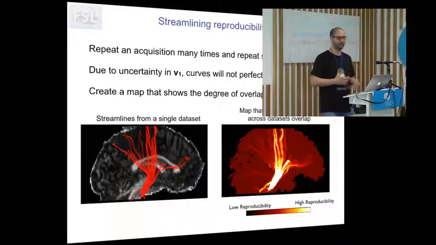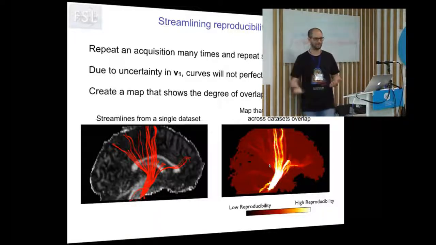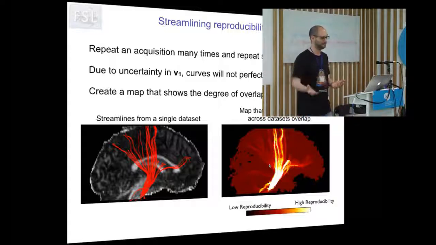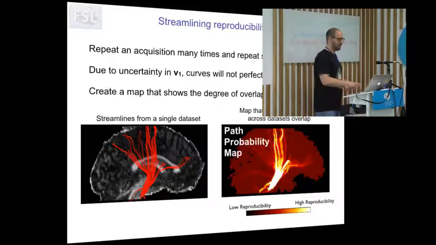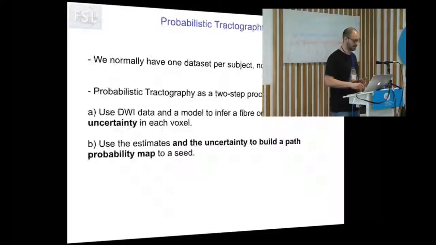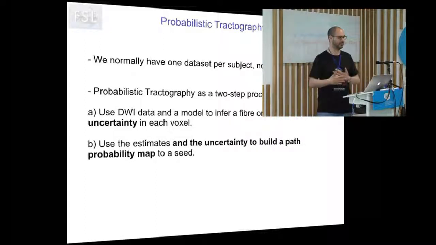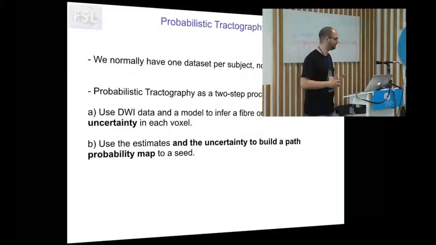And how can we translate this? Of course, we don't want to spend that much money. We don't want to put the same subject in the scanner hundreds of times. But how can we get similar path probability maps in this case? One way to do this, and one way that we can do it using the bedpostX and probtrackX combination in FSL, is that, of course, we normally have only one data set from each and every subject that we scanned.